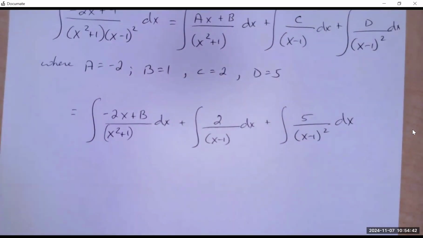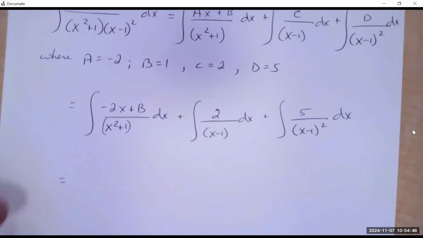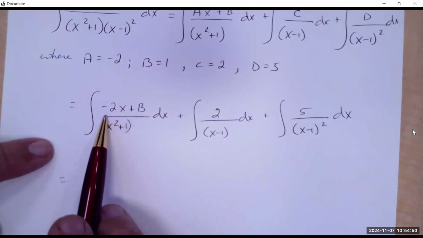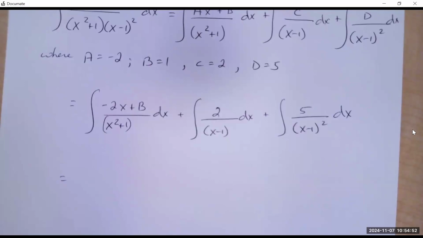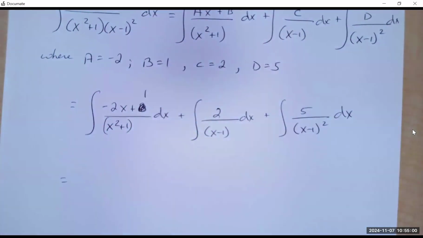See how my numbers are correct before I go further with my equation. All right, so what do we do with this first one? We'll call it B is 1. What's that?